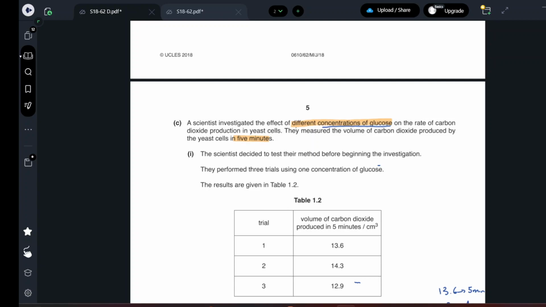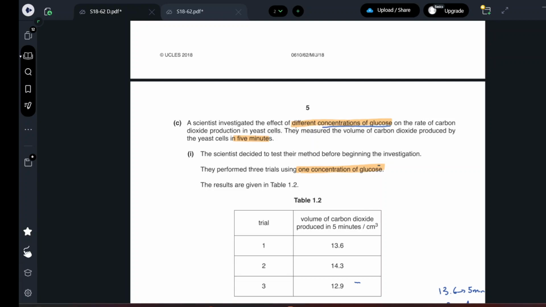Before starting the investigation, he did a trial with one concentration of glucose. He tried one concentration and collected the volume of gas, but he did it 3 times. He asked me to calculate the average volume of carbon dioxide produced in 5 minutes.